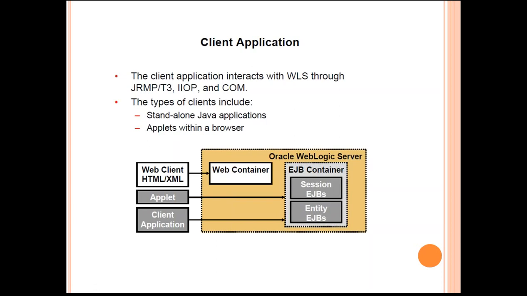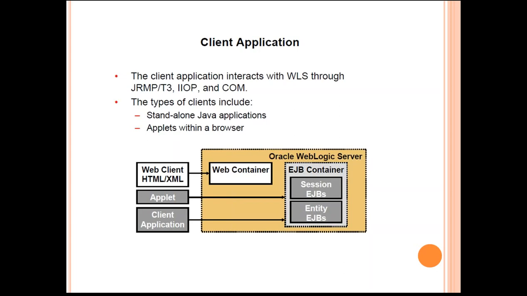Okay, so coming to the incoming requests, there are two main categories, because the third category we can ignore. The two categories are the client application and the web client. Client application is nothing but sometimes one application calls the other application.